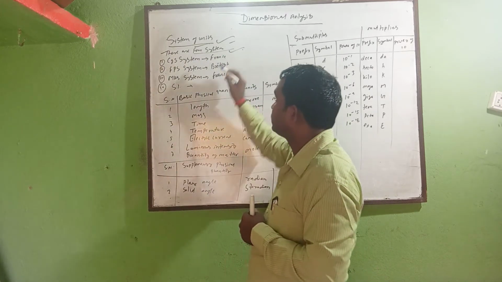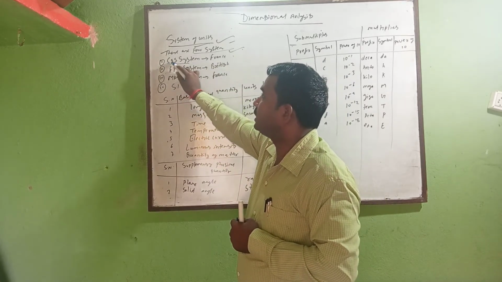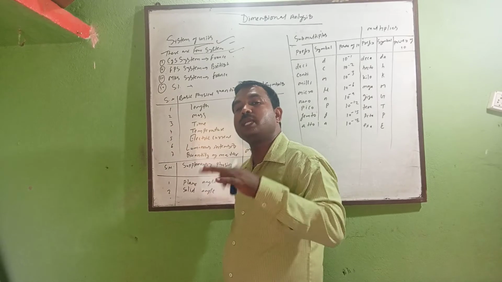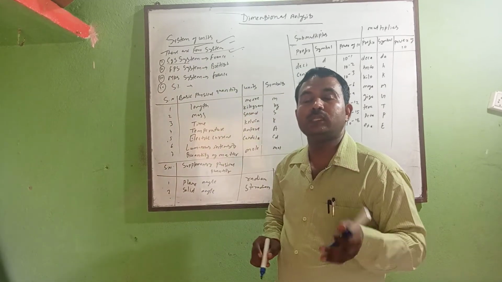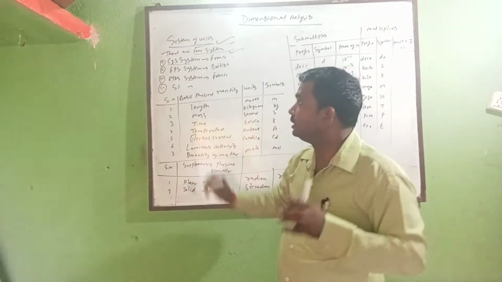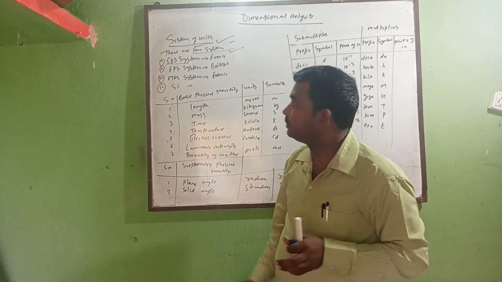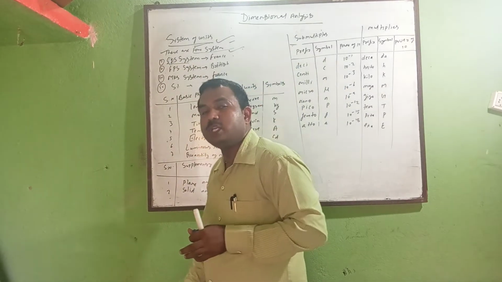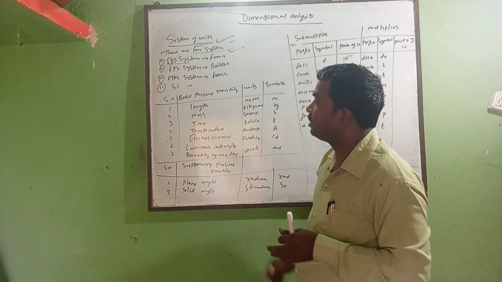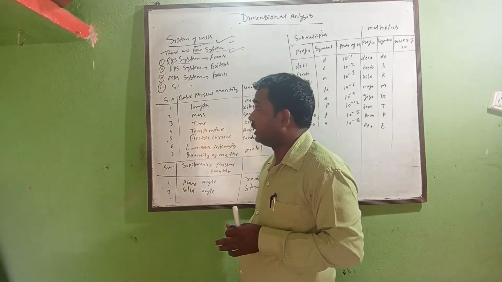One is the CGS system. What? CGS. That is called centimeter gram second. Is it clear? Centimeter means distance, length, breadth, height; all these can be measured in centimeters. And gram, G for grams, means mass we can measure in grams, and S, that is second, time can be measured in seconds.